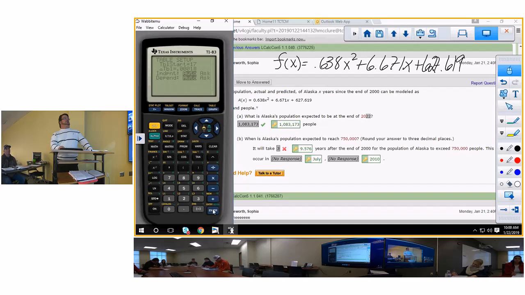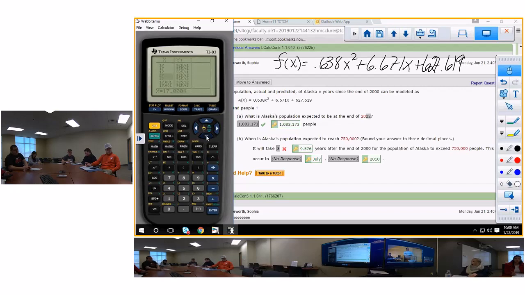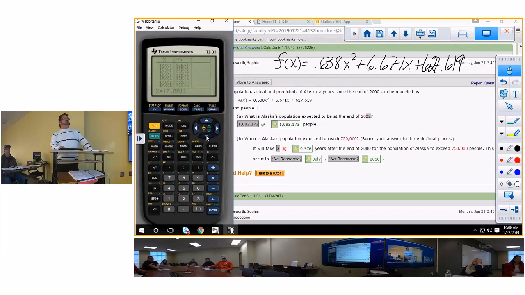Hit enter, and now hit second table and find 22. It's going to take longer. So you go down to 22, and eventually it'll give you the number, or you can just plug in 22. Or you can go to trace and find 22. We'll do that also. You see, that's going to take forever.